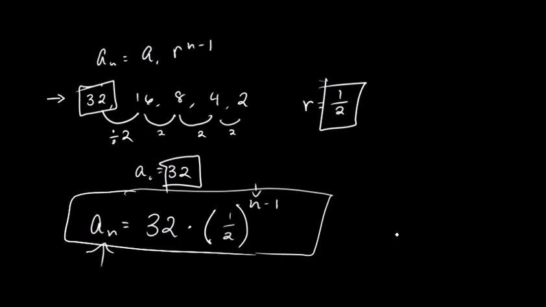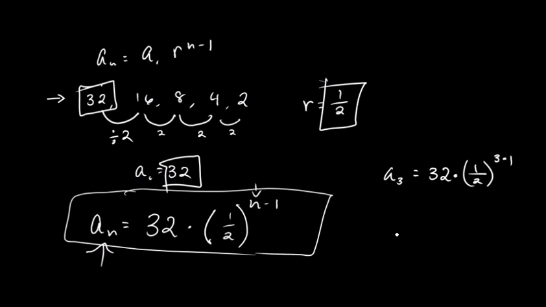If I were to ask you for, let's say, a sub 3, my third term, what would you do? Replace n with 3: 32 times 1/2 to the 3 minus 1. And you follow through PEMDAS. So I have to deal with my parentheses and exponent first before I multiply.